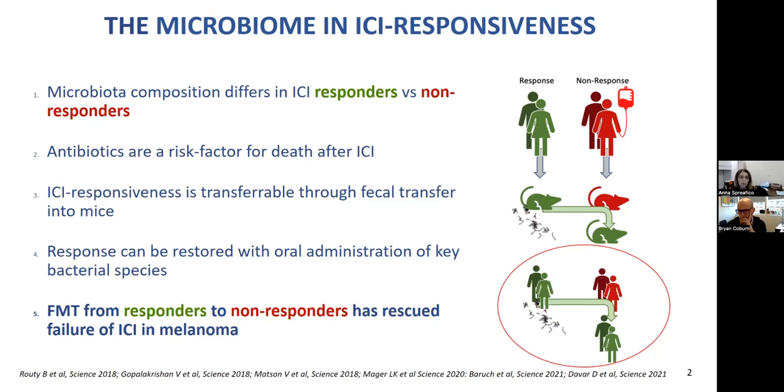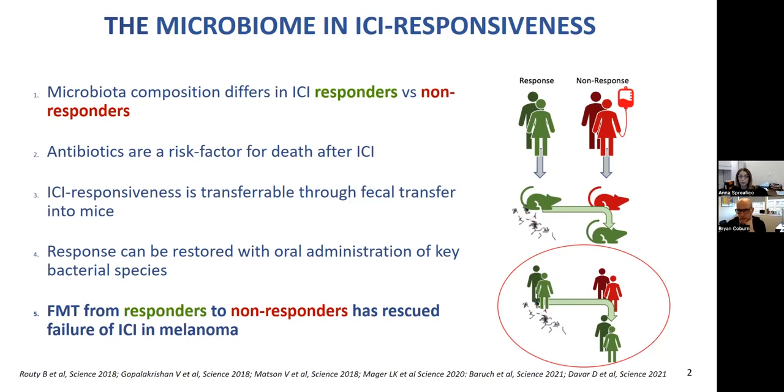So what do we know so far? Most of the work has been done preclinically, and the last point, which I bolded here, is the clinical work done. So thus far, we know that microbiota composition differs between patients who respond to immunotherapy versus those who don't respond, that antibiotics are a risk factor for death after initiation of immunotherapy.